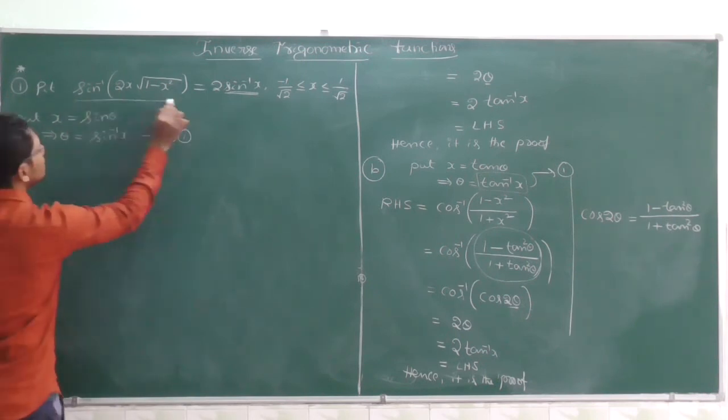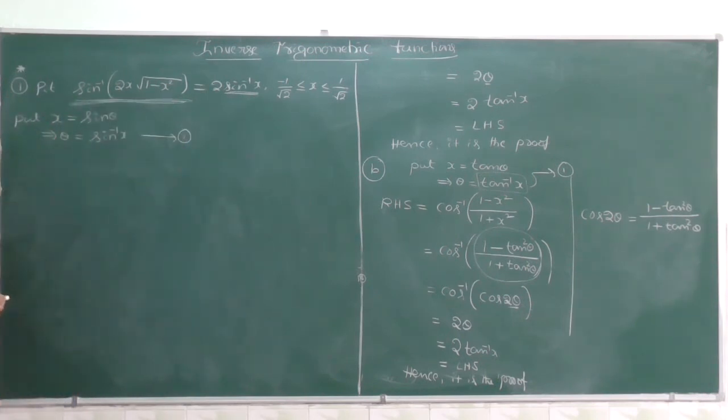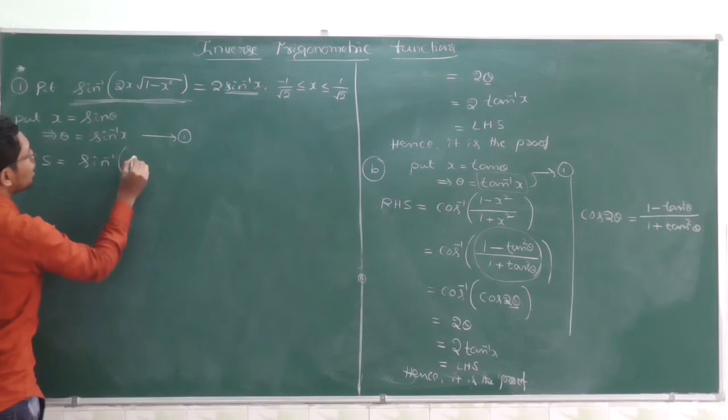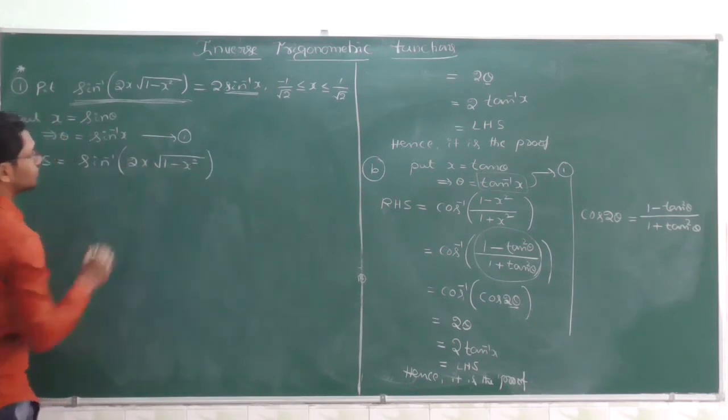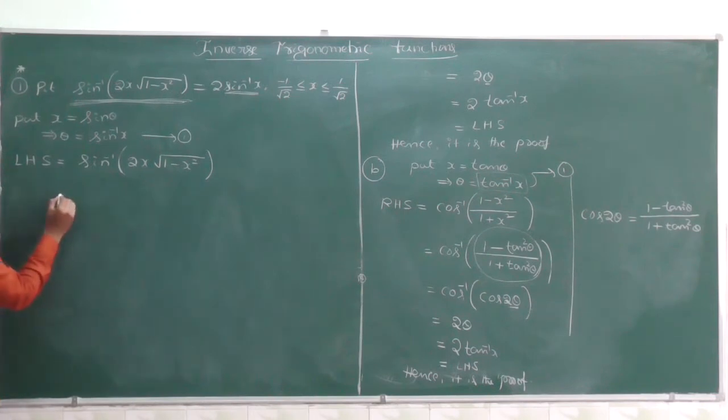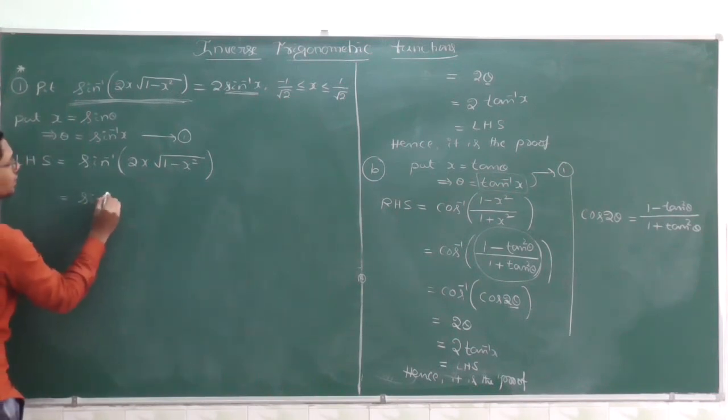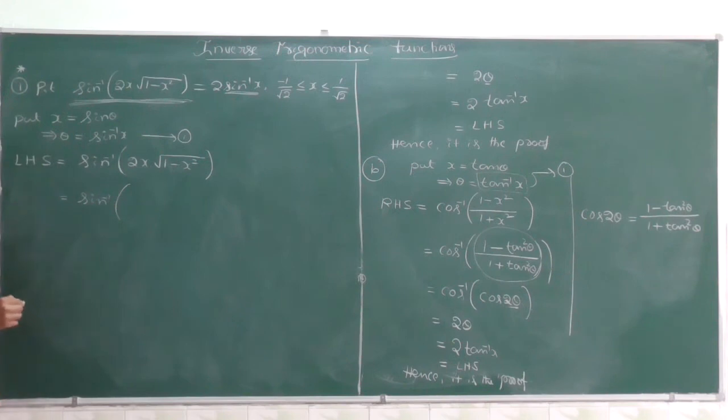Now take the LHS of the problem. LHS equals sine inverse of 2x into square root of 1 minus x square. That is sine inverse of, you just replace x with sine theta.